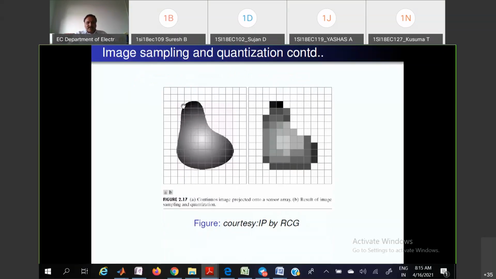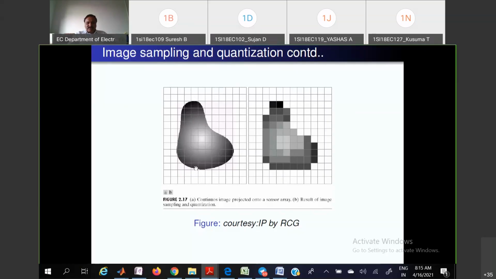You can observe that in this region the majority is white, so this region is white. In this region, all these levels are averaged and you get one gray level. In this region too, all these levels are averaged to give one gray level region. We call this pixelization, where you are trying to read each and every pixel of an image.